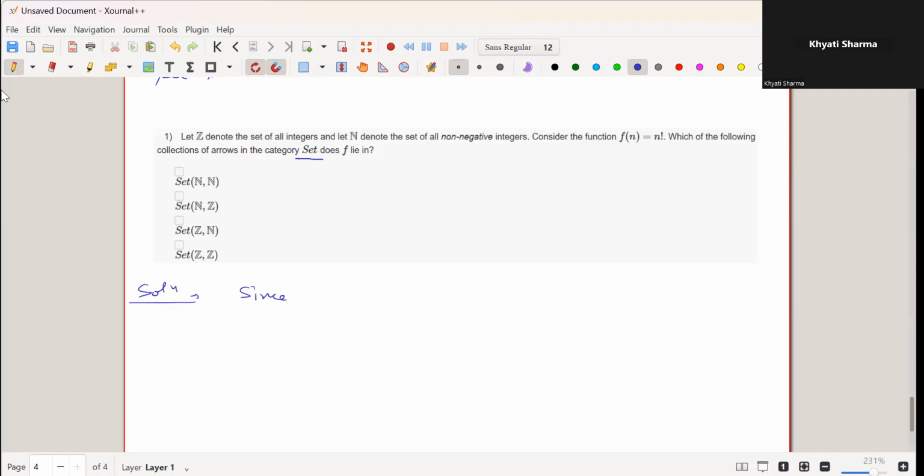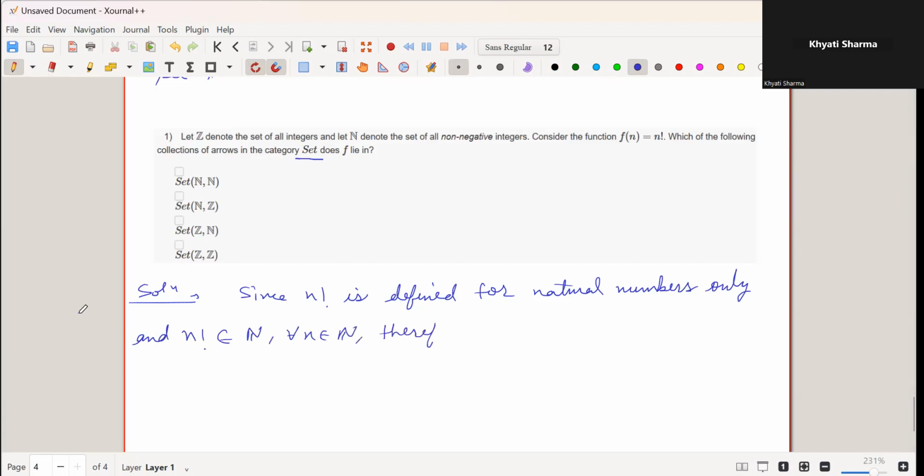Since n factorial is defined for natural numbers only, we are not defining it for any integer, and n factorial belongs to the natural numbers for all n belonging to N.